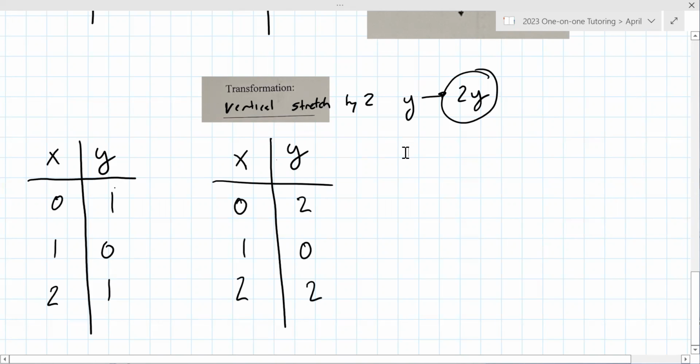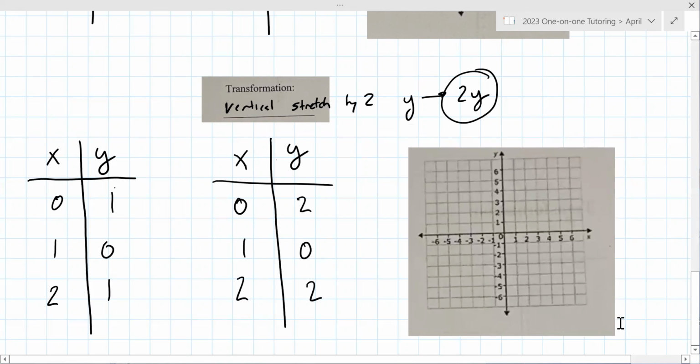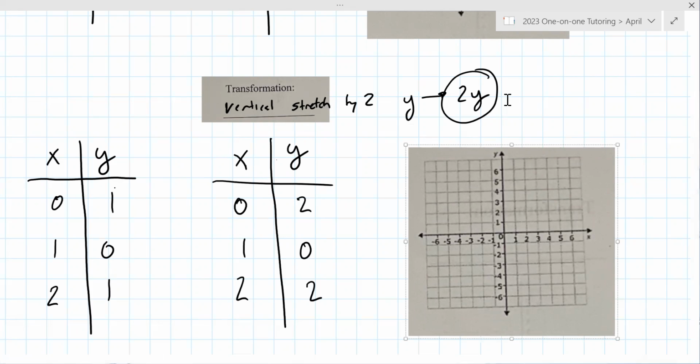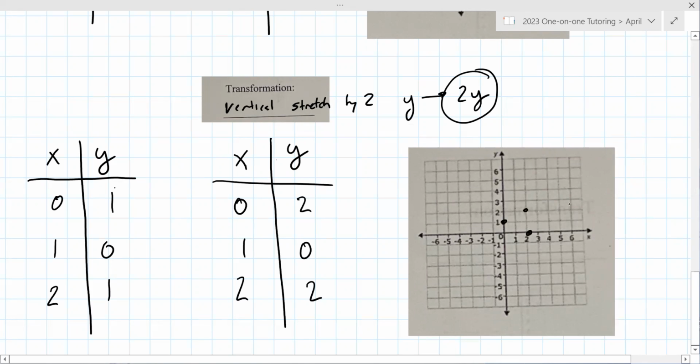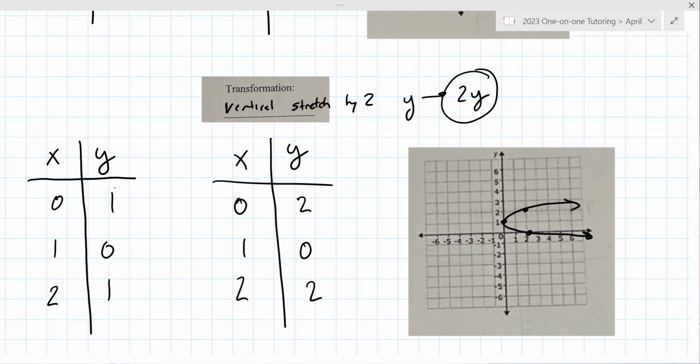All right, so if you can graph these on the third graph there. Okay, is this what your graph looks like? No, that's not how it is.